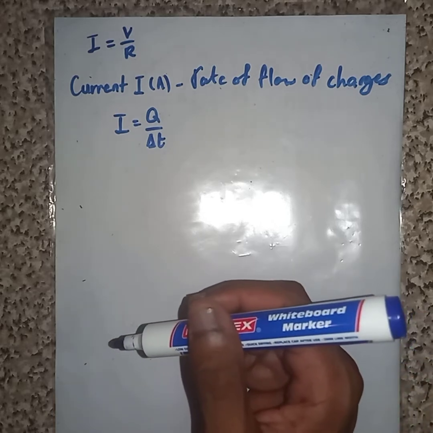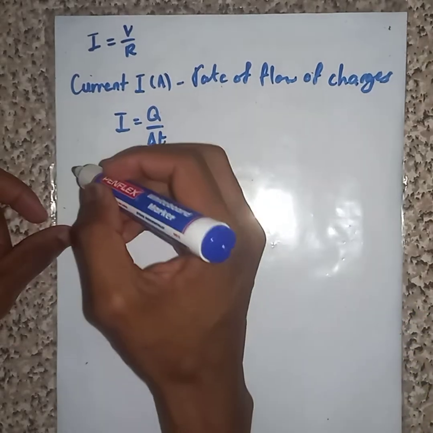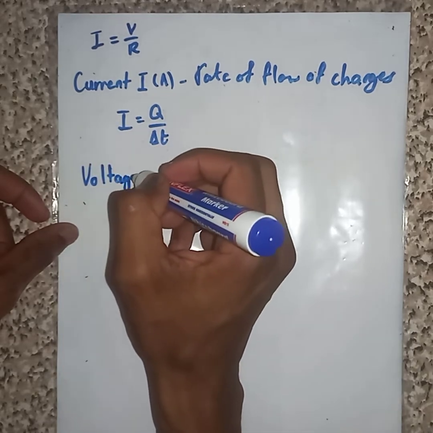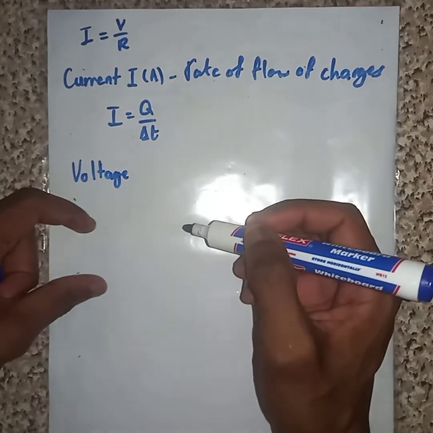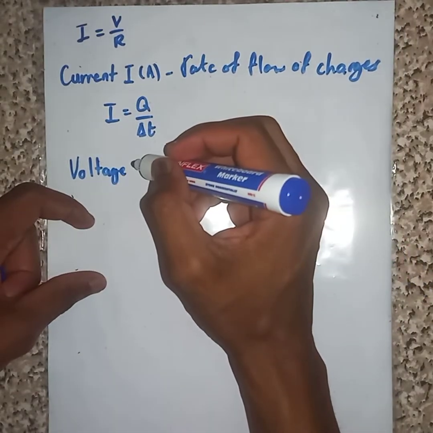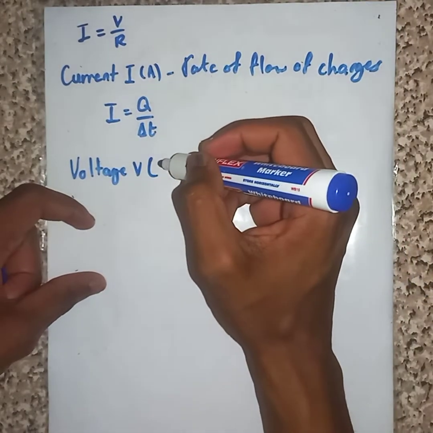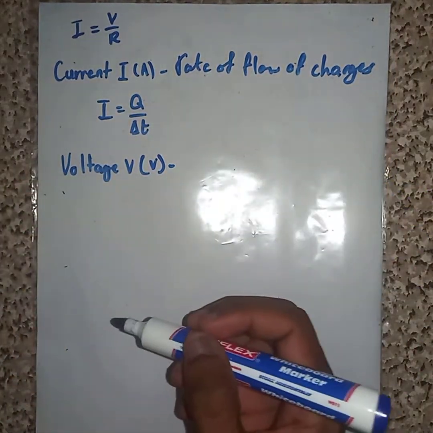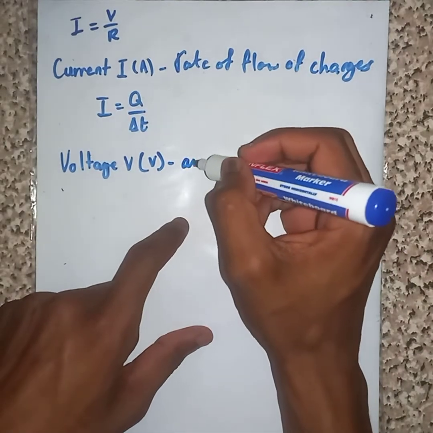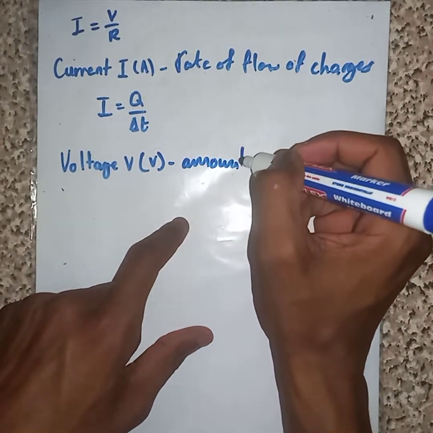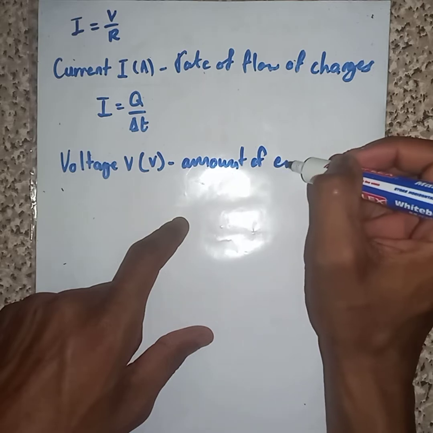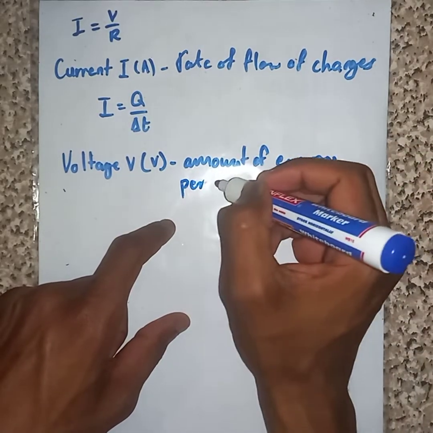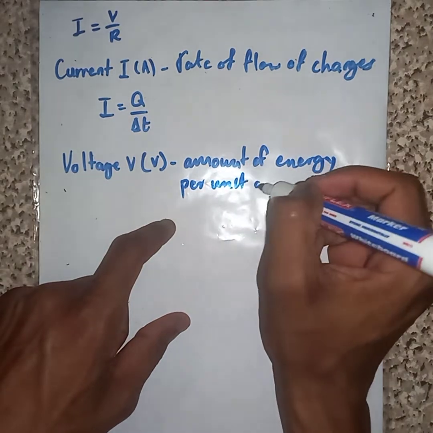Then we also have the voltage. Its symbol is V. It's measured in volts. Its definition is amount of energy per unit charge.